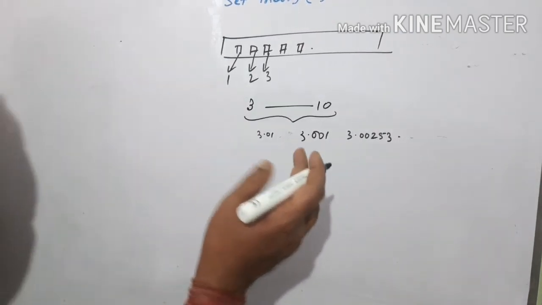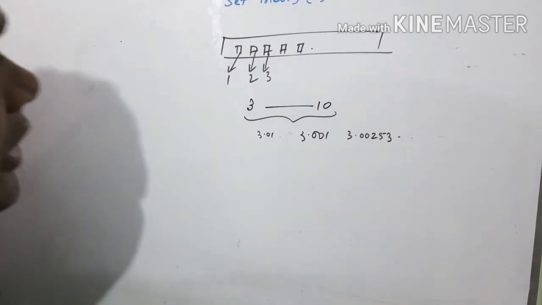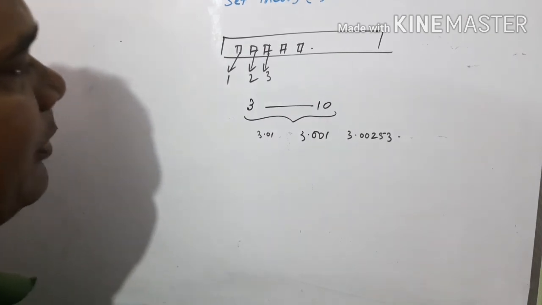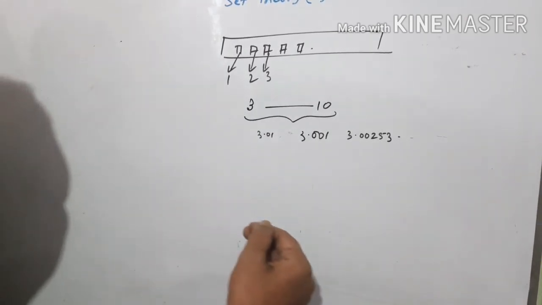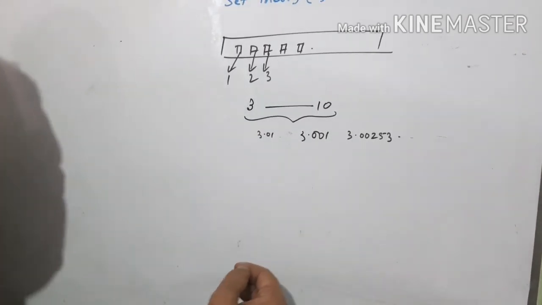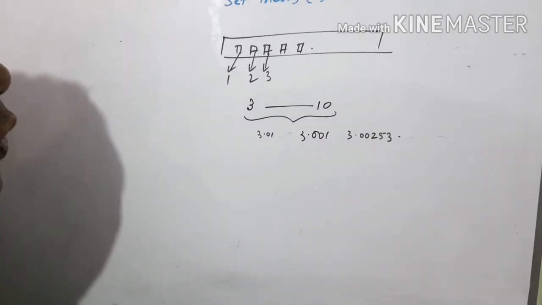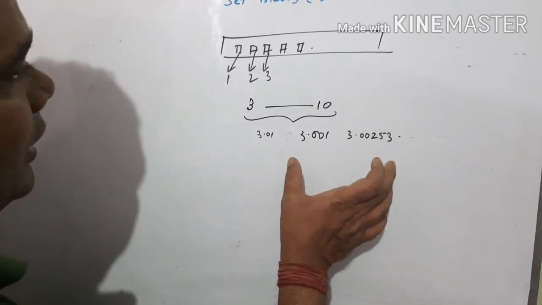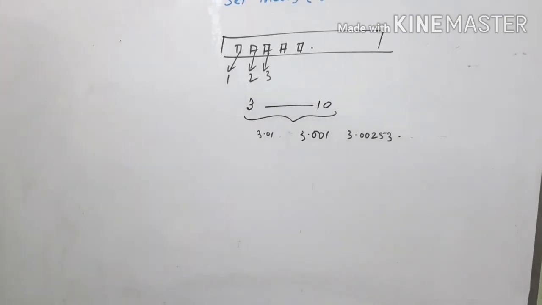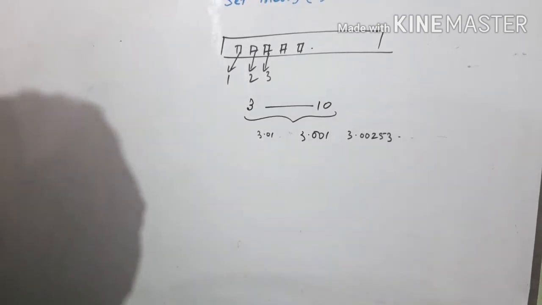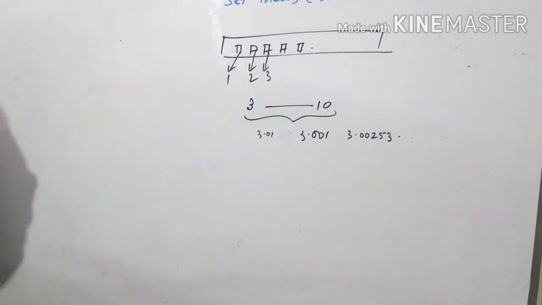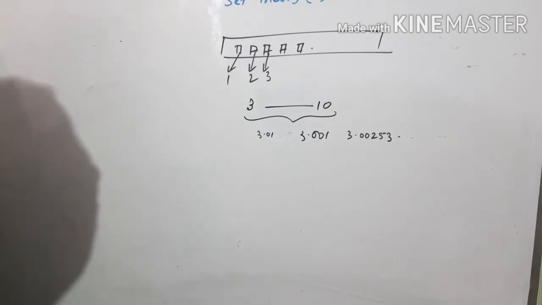So although the temperature has risen from 3 to 10 degrees Celsius, there are infinitely many values of temperature, and these possible values cannot be associated with the set of natural numbers. So although they are infinite, they are also uncountable. So there are two types of infinite sets: one is infinitely countable and the other is infinitely uncountable.